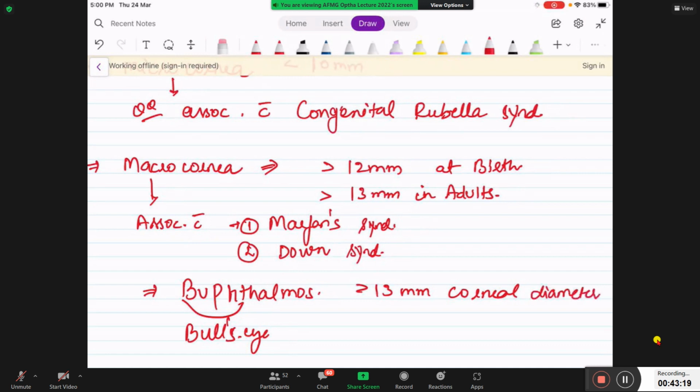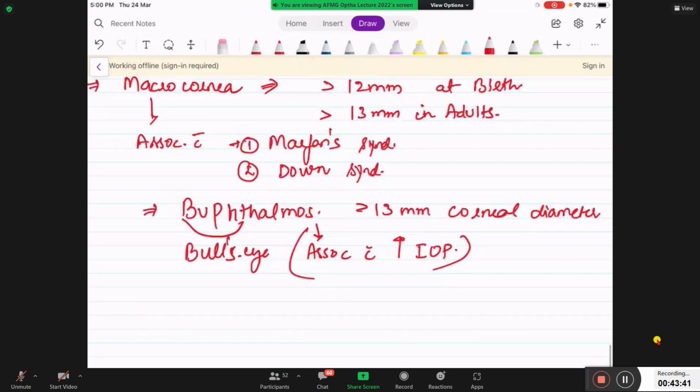Then what is the difference between macrocornea and buphthalmos if the diameter is more than 13 millimeters? You will coin the term buphthalmos only and only if it is associated with raised intraocular pressure. Write down, IOP is intraocular pressure.